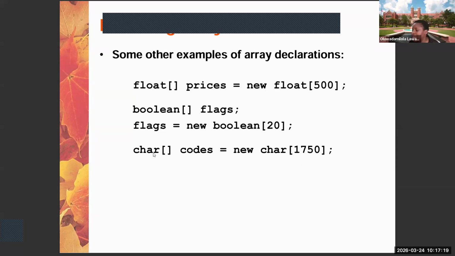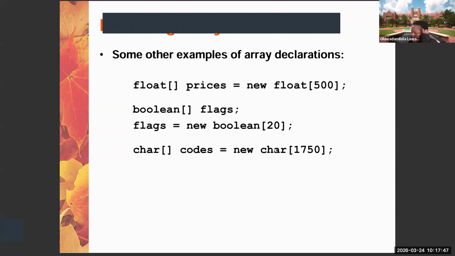So we also have the same thing for character data type. We say the data type of the array. Don't forget, a very important symbol here is our open and close brackets. Then the name of the array, that's the variable name. What are we naming our array? Is called, and equals to what?